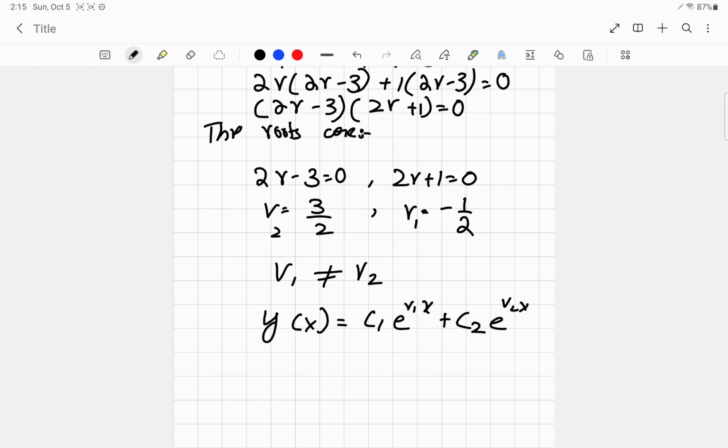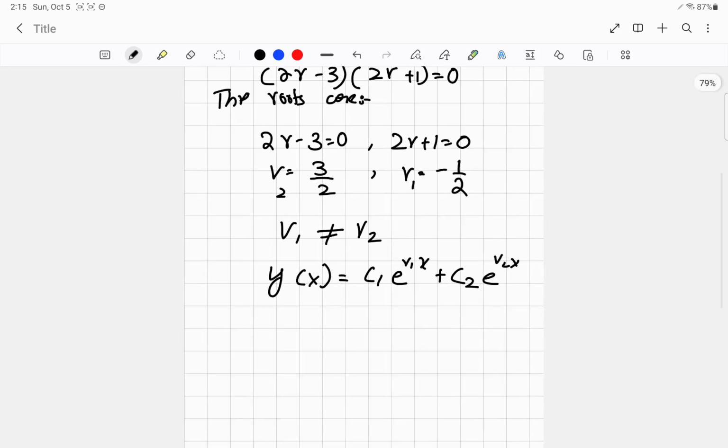Now we need to put the values of r1 and r2. By putting the values we get y of x equals c1 e to the power of r1, which is negative 1 over 2, x plus c2 e to the power of r2, which is basically 3 by 2 x. Sorry for forgetting to mention x.